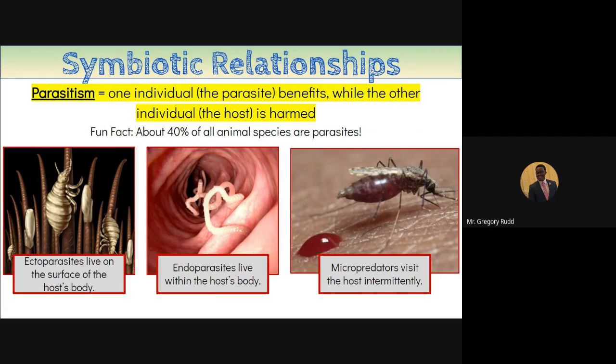In some ways, parasitism is a type of predator-prey relationship, but the difference is that these parasites typically do not kill their hosts. They just feed off of parts of them.